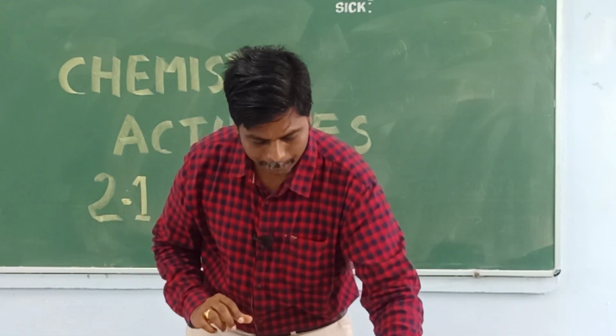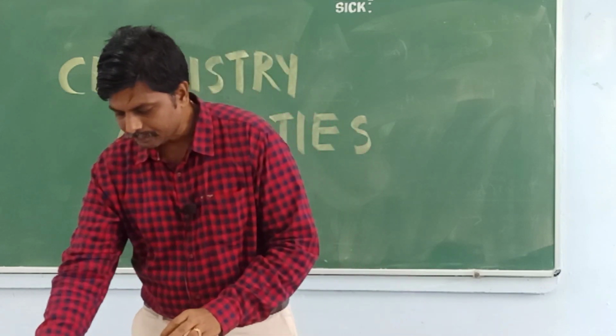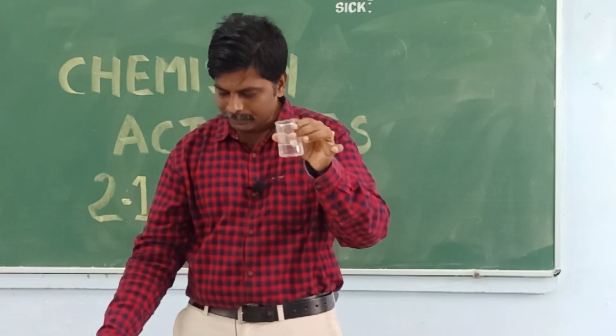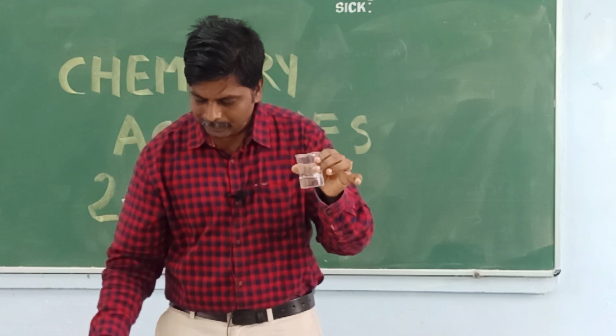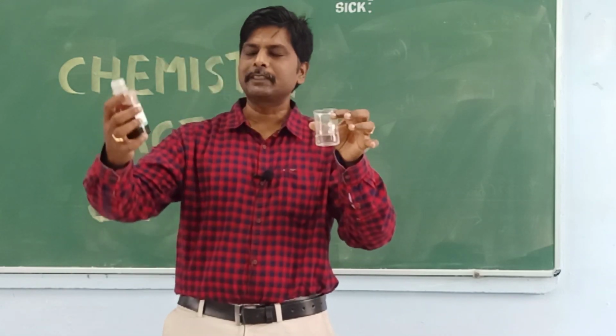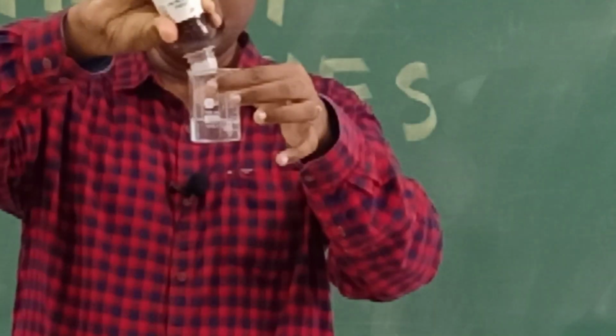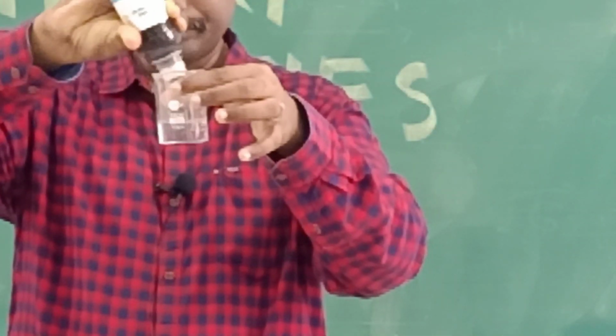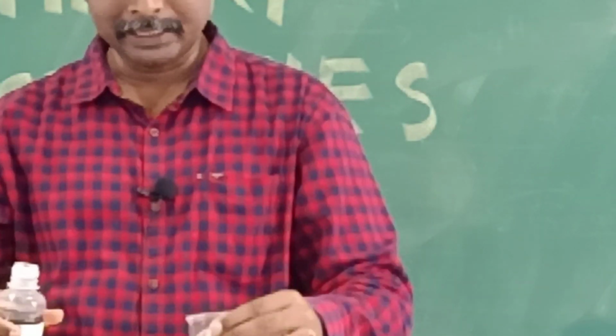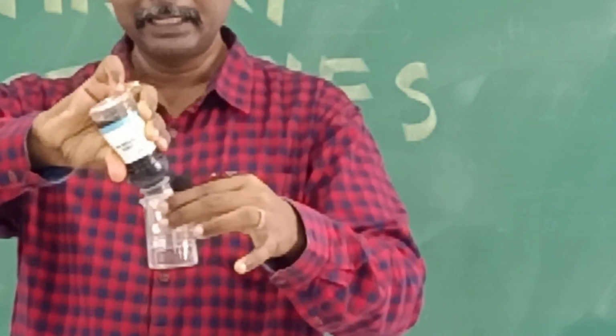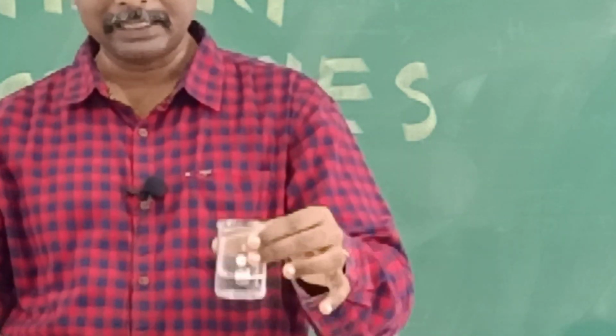Okay, next, again I have taken another beaker. So blue litmus is over. Now I have taken red litmus solution. By adding red litmus solution to this acid, dilute HCl, there is still no change in color.